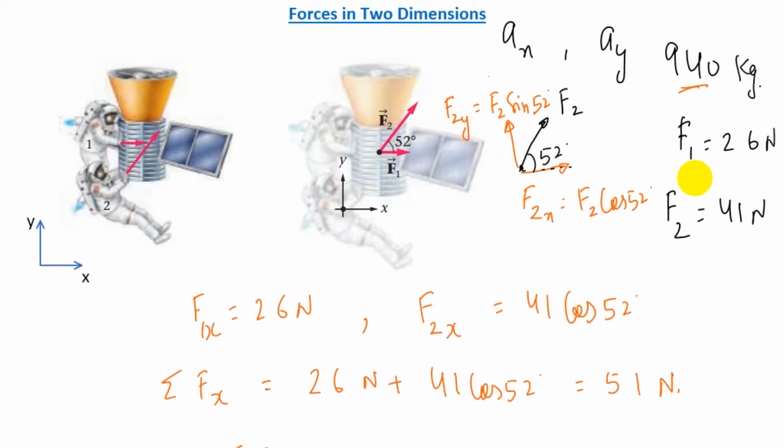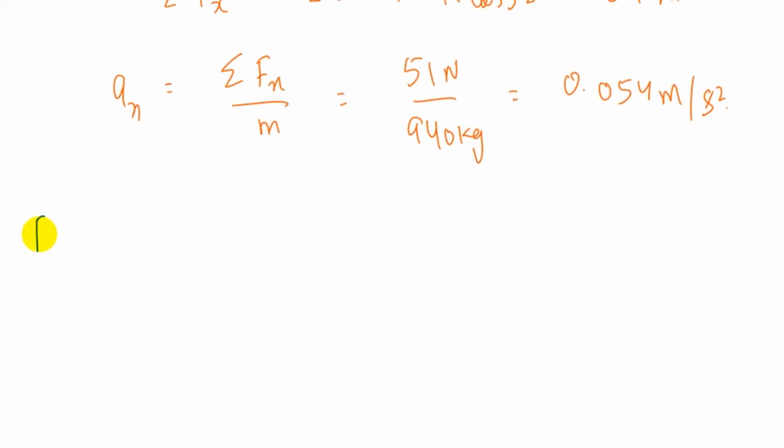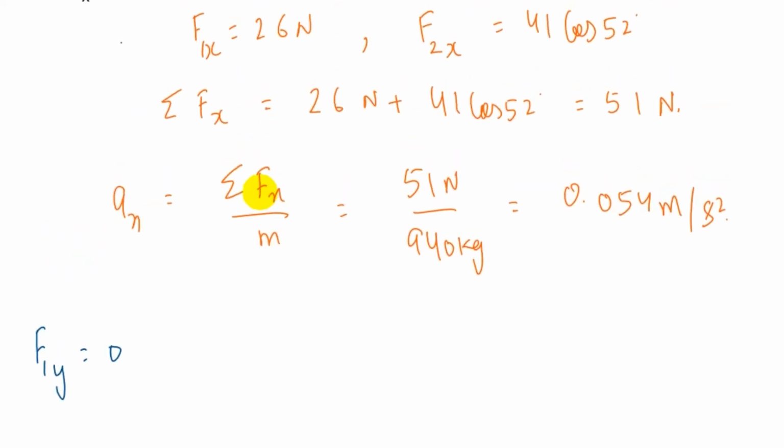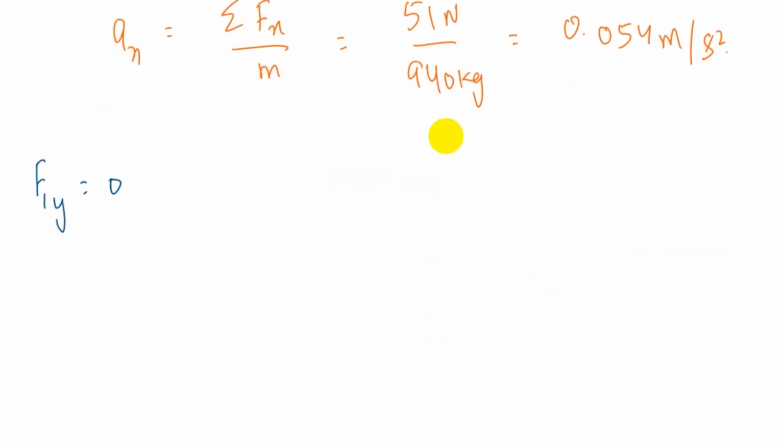Now similarly we can apply Newton's second law in the y direction to find its acceleration in the y direction. F1y, the component of the first force in the y direction, is 0, because F1 is along the x, so its component in the y direction will be 0. Then F2y, the component of the second force in the y direction, would be F2 sine 52 degrees, right?